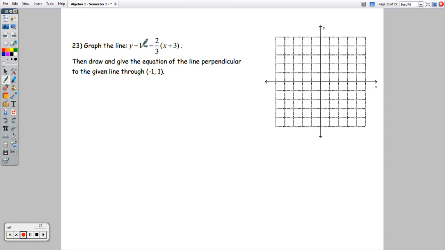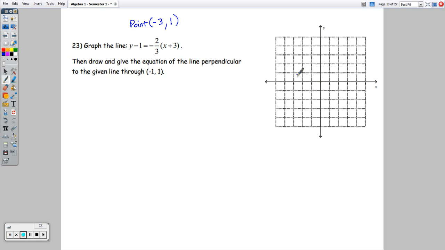It says graph the line here. This is in point slope form already. So this one, you have a point, and this would be x minus negative 3. It's always the opposite of what you see. So the point's at negative 3, and here you have y minus 1, so that's the opposite of what you see for the point. 1 is the y value.